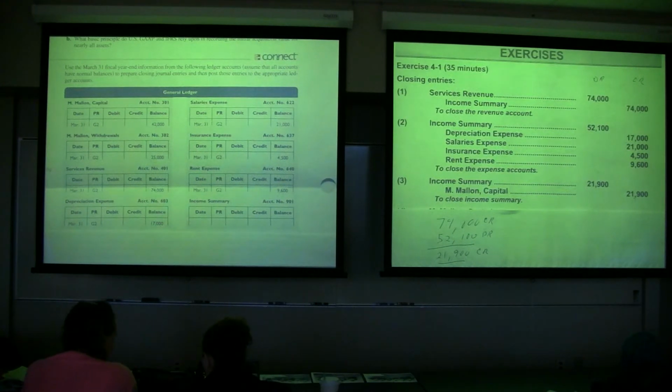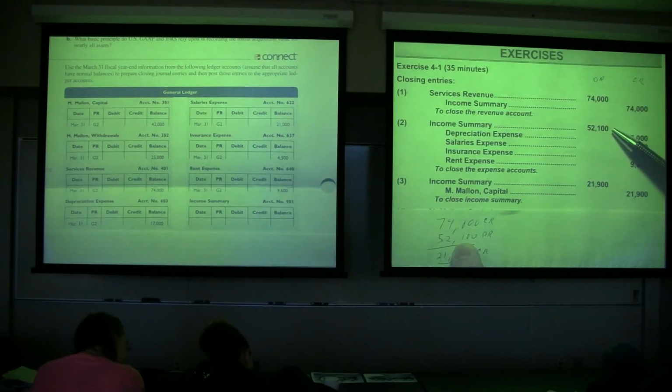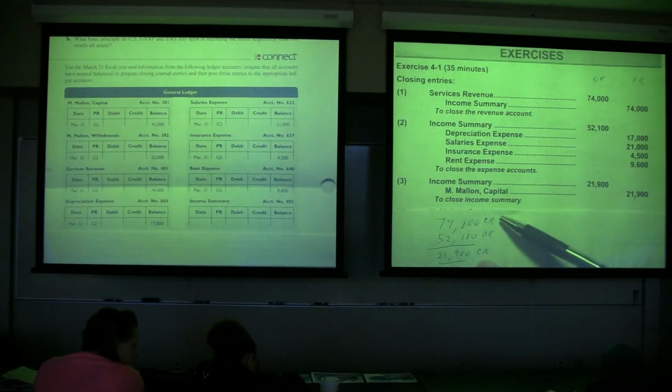So here's the $74,000 credit balance, 52,100 debit balance. Here's the difference. The credits exceed the debit, so it's a credit balance.